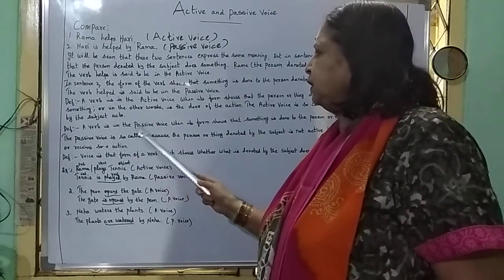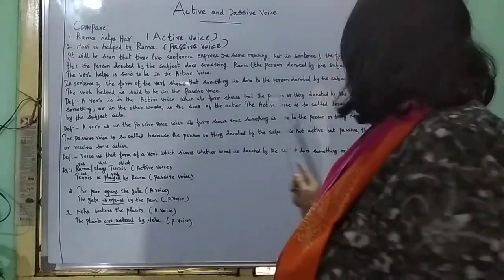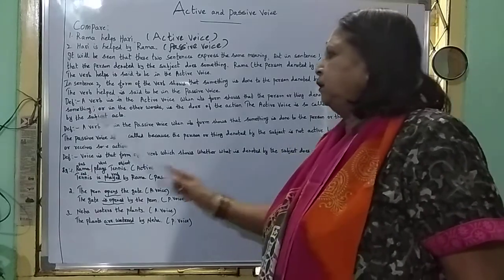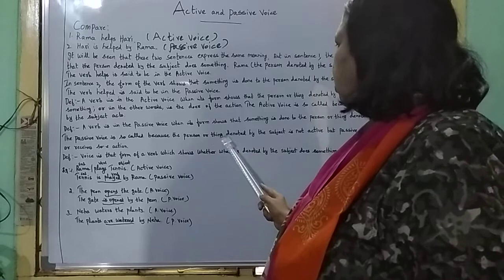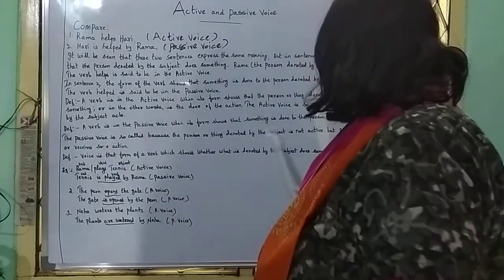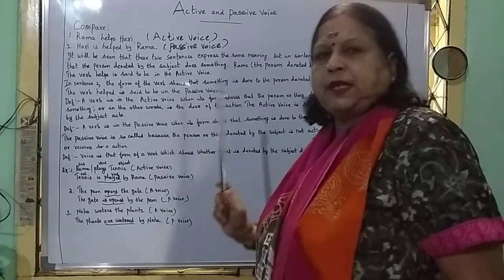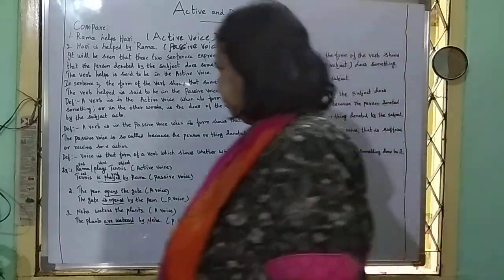A verb is in the passive voice when its form shows that something is done to the person or thing denoted by the subject. The passive voice is so called because the person or thing denoted by the subject is not active but passive, that suffers or receives some action.